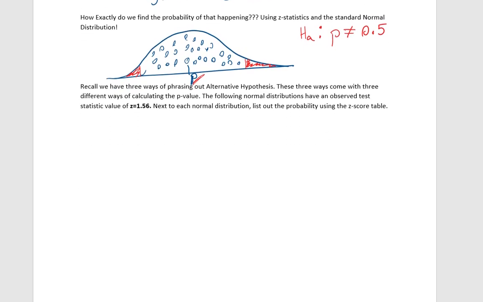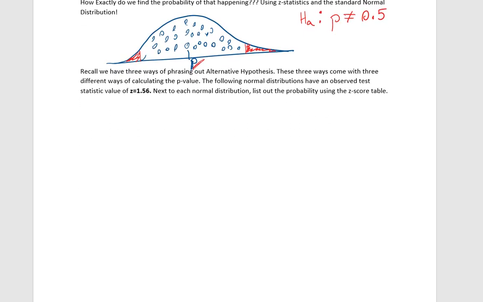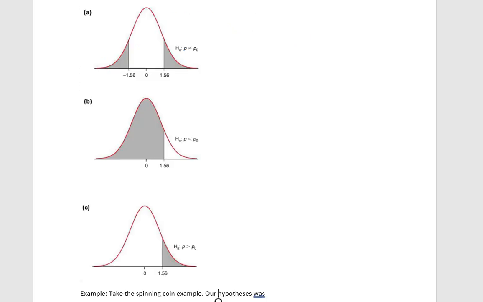So those are both equal. There are going to be 3 different ways of finding the p-value depending on the alternative hypothesis. If we look at a normal distribution and we have an observed test statistic of z equals 1.56, here's how we find those different p-values using that test statistic.